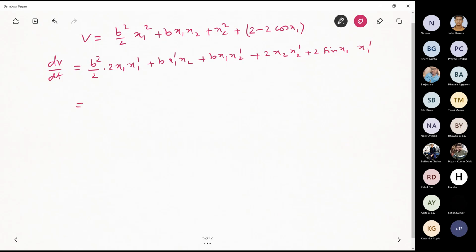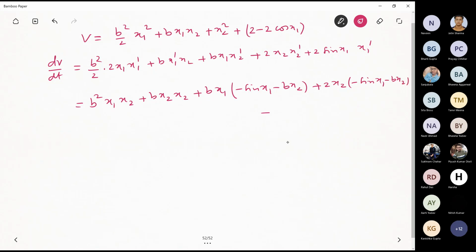Now we substitute x1 prime and x2 prime. We get b square into x1, x1 prime is nothing but x2, and this is b x2. x1 prime is again going to be x2, plus b x1, x2 prime is what we have, minus sin x1 minus b x2, plus 2x2, again x2 prime, that is minus sin x1 minus b x2, plus 2x2 into sin x1.